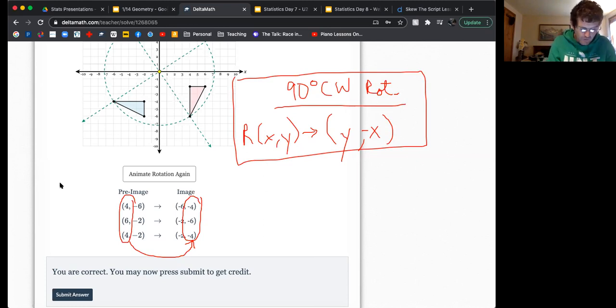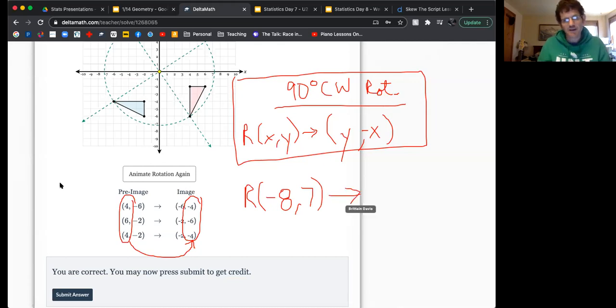All right, so I could give you a random point. Let's find a 90-degree clockwise rotation of (-8, 7). And without even seeing a graph, we can do this. I can tell you where this is going to end up because I'm going to flip the coordinates. First of all, (x, y) becomes (y, x). You can also think of this as just plugging in. Whatever your x value is, I'm going to plug it in wherever I see an x.